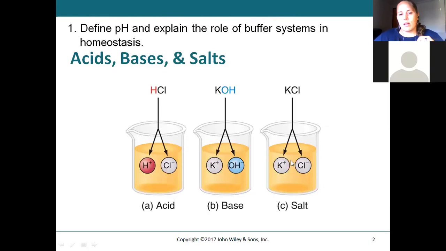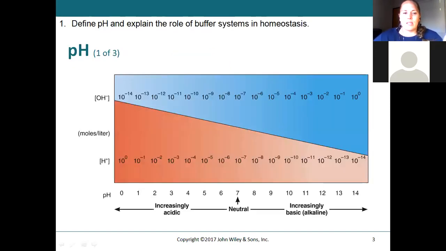And then if we look at a neutral salt solution, you have potassium chloride here, and those ions are dissociating, but you're not necessarily seeing a change in the pH. This particular figure is really nice because it allows you to see the differences in the amount of hydroxide and hydrogen ions and how that alters the pH.